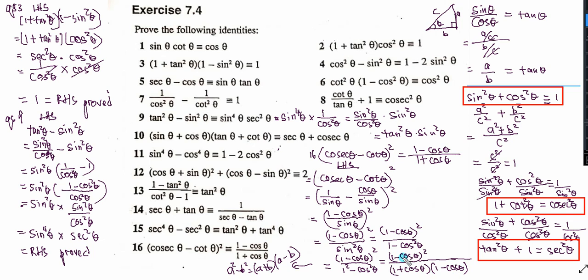Now 1 minus cosine theta squared is 1 minus cosine theta times 1 minus cosine theta. So actually you can cancel this with this. There are two of the same value multiplied by itself, so I cancel 1. So what remains will be 1 minus cosine theta over 1 plus cosine theta, which is actually equal to the right hand side, and we have proved it. Okay, that's it.